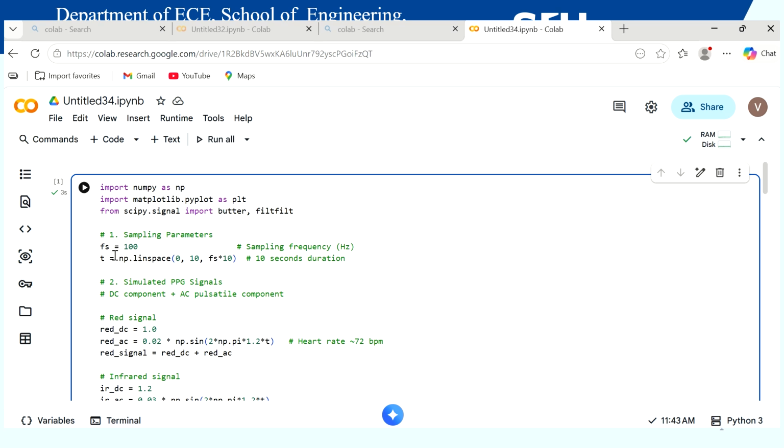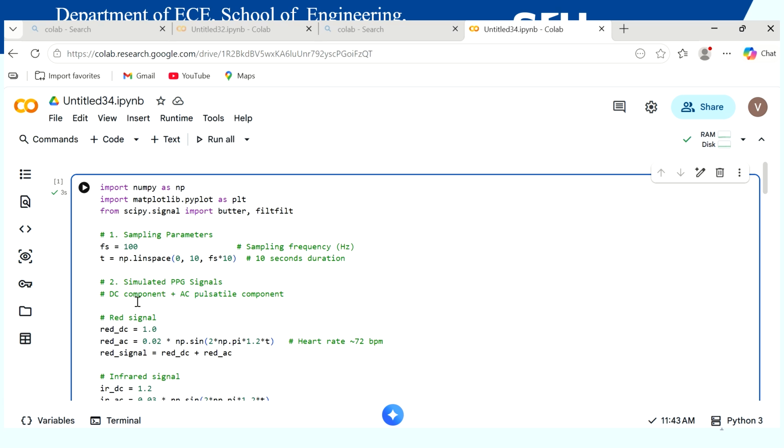That is 100 times 10, which is 1000. So 10 by 1000 is 1 by 100, that is 0.01. So the time axis will start from 0, then 0.01, then 0.02, like that up to 10.